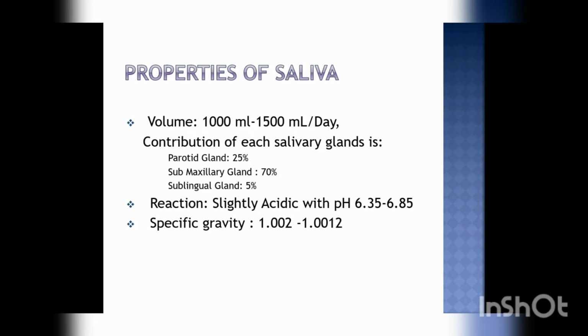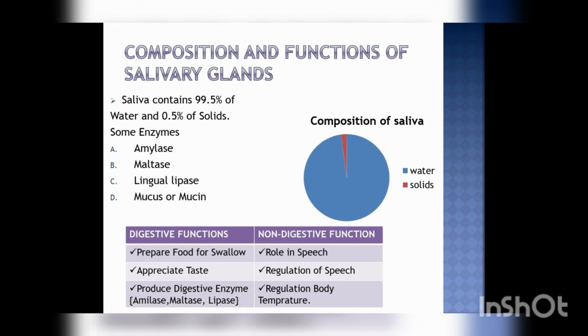It is slightly acidic. Its pH value is 6.35 to 6.85. Its specific gravity value is 1.002 to 1.012.